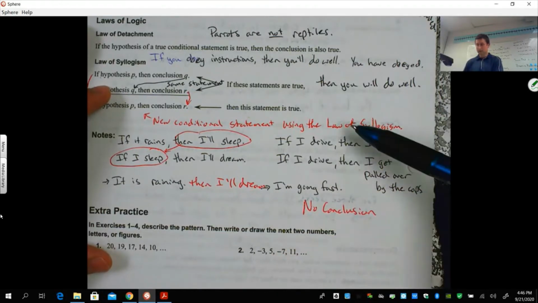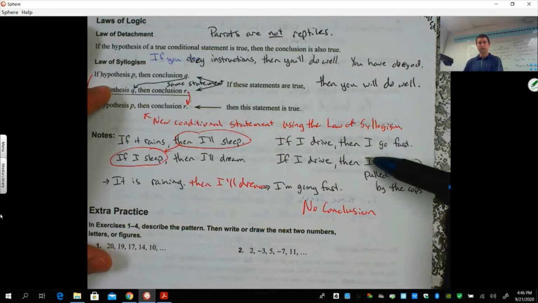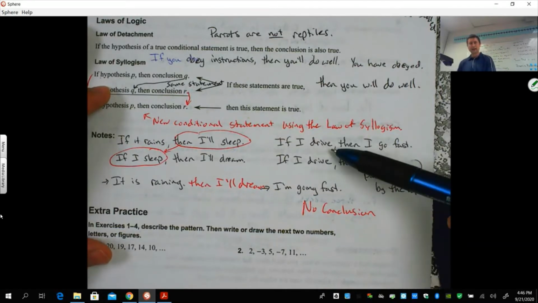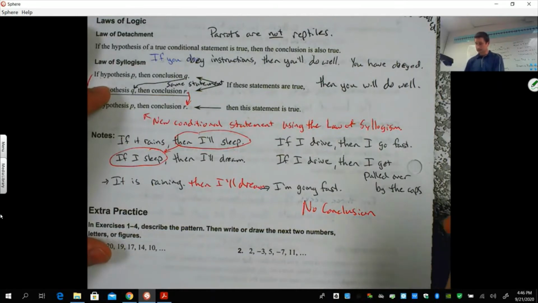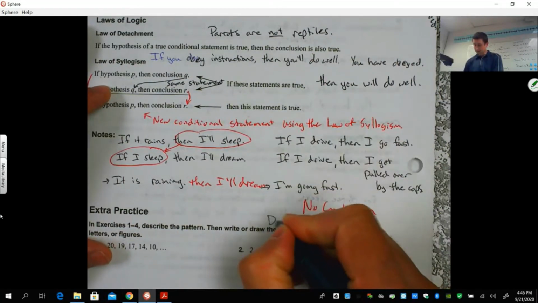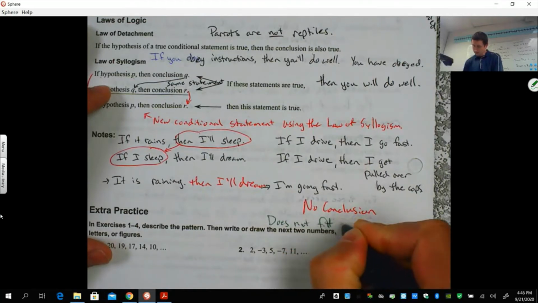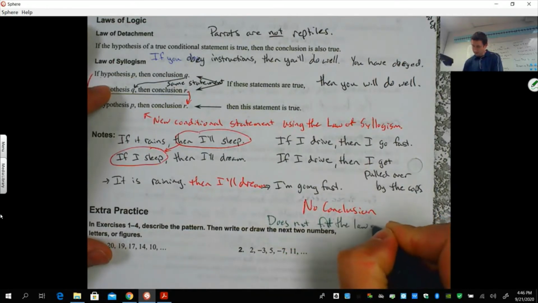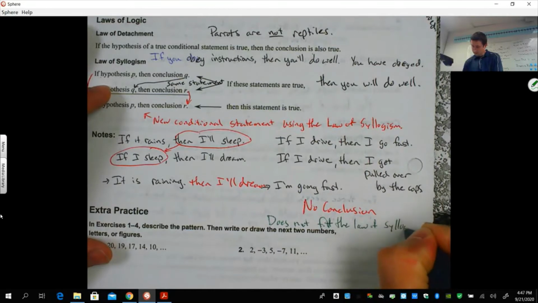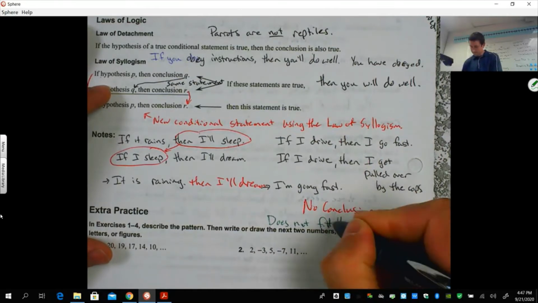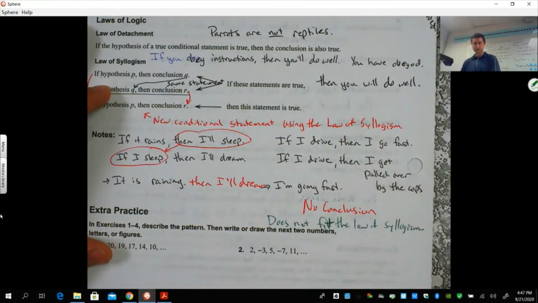You notice the conclusion of one of these doesn't match the hypothesis of the other. This does not fit the law of syllogism.